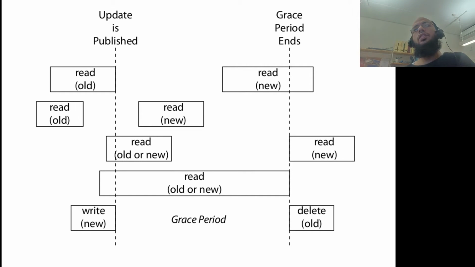And then if you are rereading, because the thread might be rereading the same value multiple times, then the thread might end up with multiple versions of the value. And then it's up to the thread to operate on the old or the new value. And well, then you have a grace period for all threads to finish what they are doing with the old value before you completely override the old value.